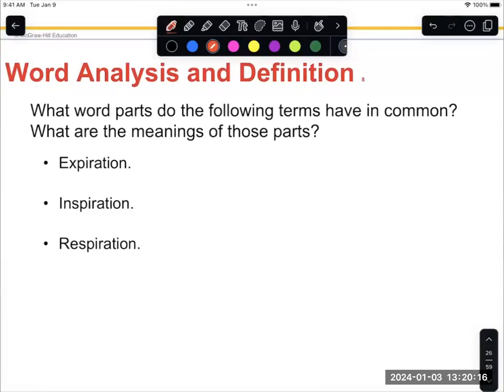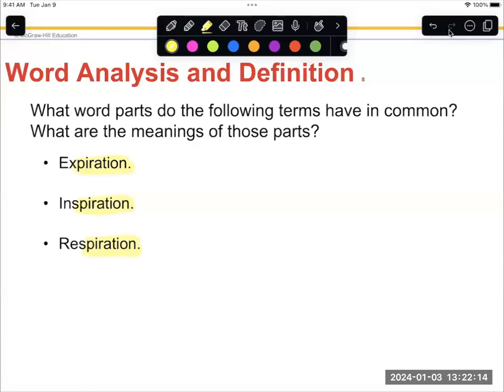So all 3 of these words technically have the same piration ending. Not all of them have spiration, because expiration technically does not have that S within the word.